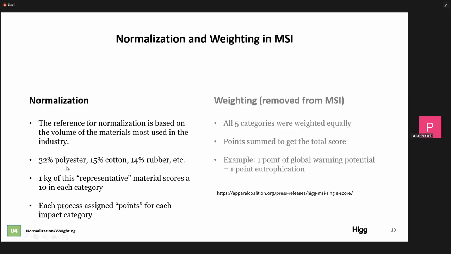So the percentages are just used here to calculate our sort of industry average material. So we create that material, and then we say that that material would score a 10 in all of our categories. And then everything else, basically normalization is pretty simple math, where you multiply the LCIA value by our normalization factor, and that gives us the points.